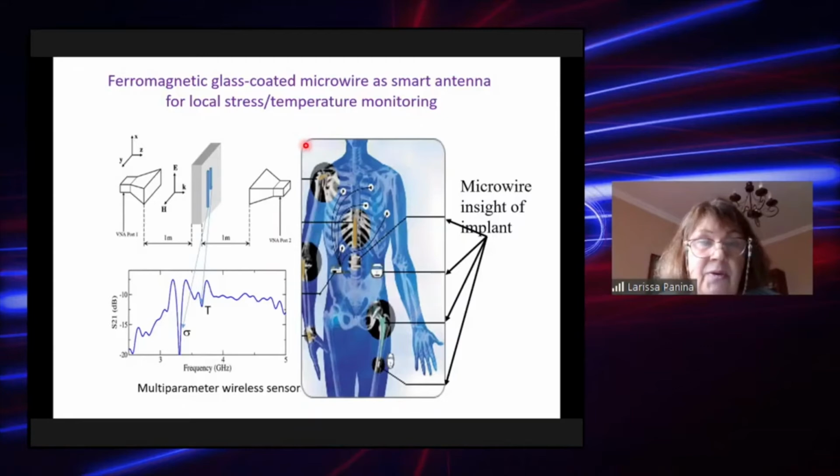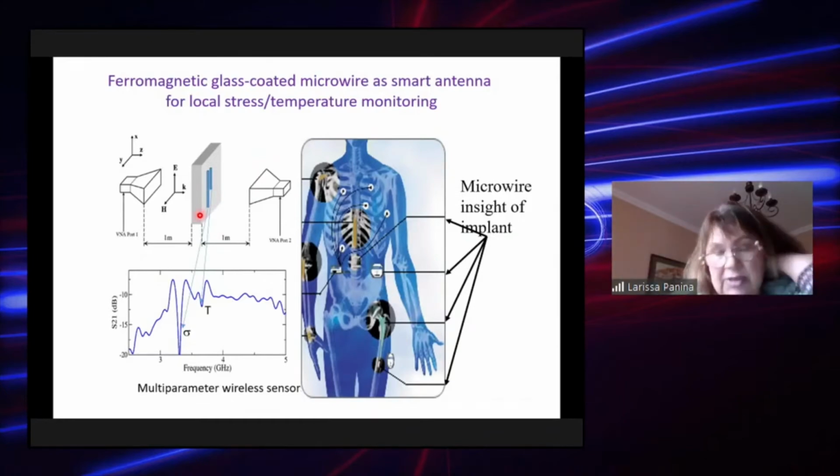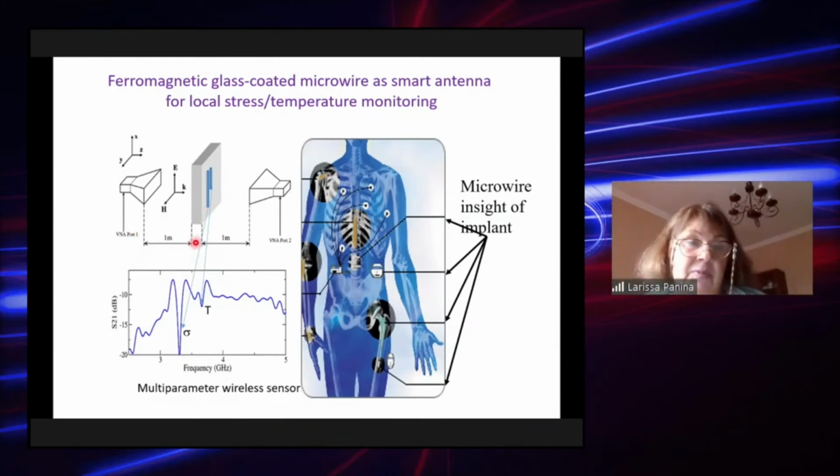And of course, when we have different microwires of different lengths, they could be designed for sensing, say, stress and temperature. And all this could be placed inside. So it could be checked on a real person because the distance between the antennas is kind of a couple of meters.